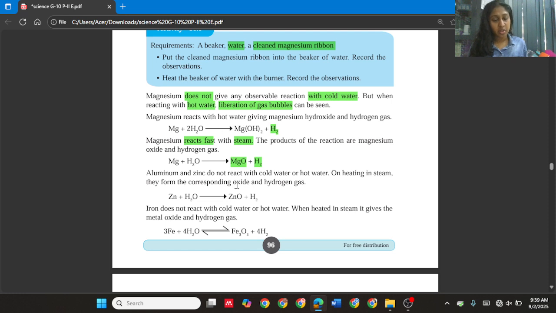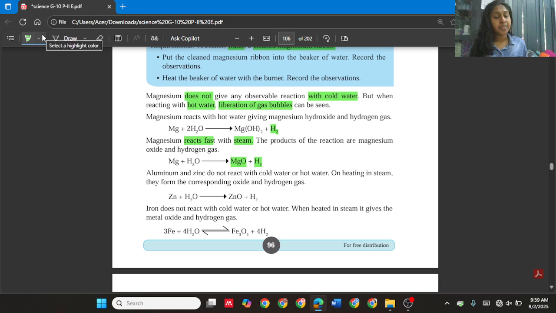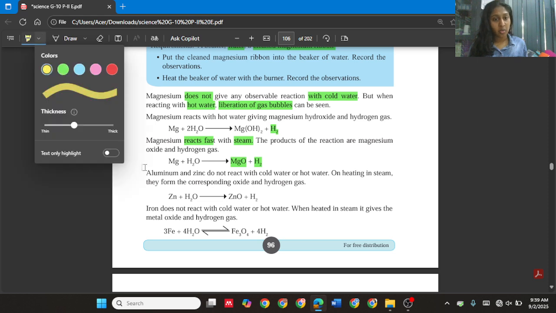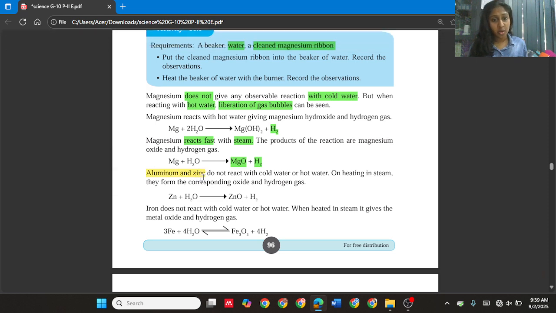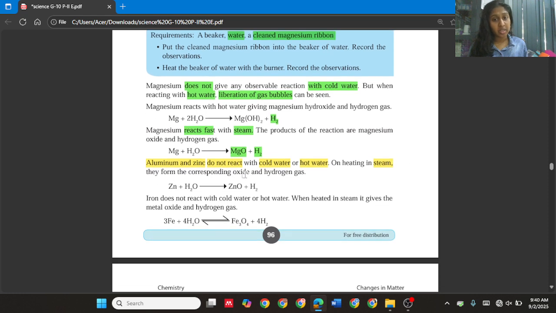Aluminium and zinc do not react with cold water or hot water, the same as magnesium. But when they react with steam, they form the corresponding oxide.